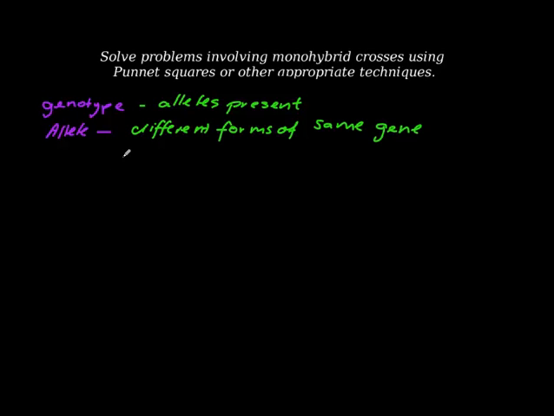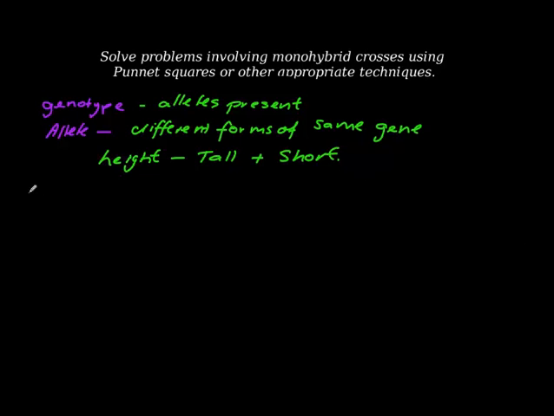So the different forms of the same gene for plant height. Height is the gene that is responsible for plant height, and the different alleles are tall and short. Okay, so let's move on.